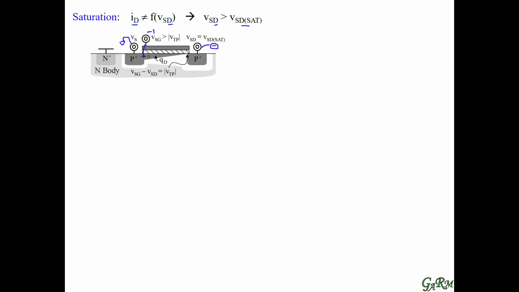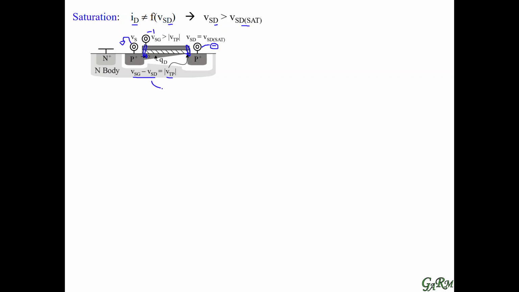The voltage across the gate on the left is very negative, so we have lots of charge here. But the voltage on the right is going to be just the threshold level. And below the threshold level, we have no charge. At the threshold level, we basically have no charge, and this is what this is saying. So the voltage across the oxide is basically just the threshold voltage there. And what we see there is that we've just pinched the channel.